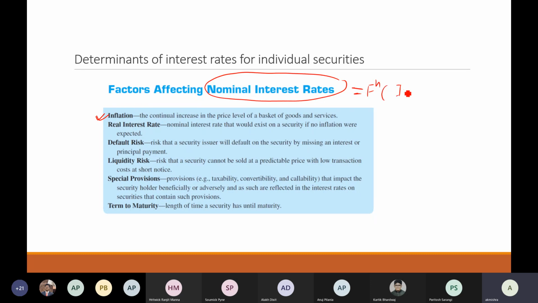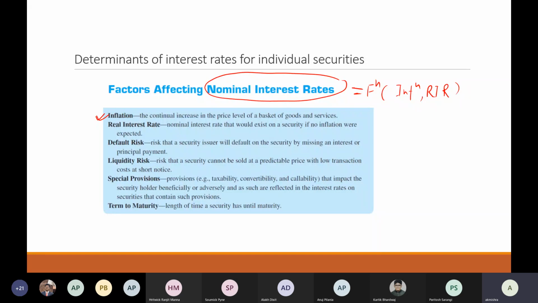It is a function of your inflation, and it is a function of your real interest rate.